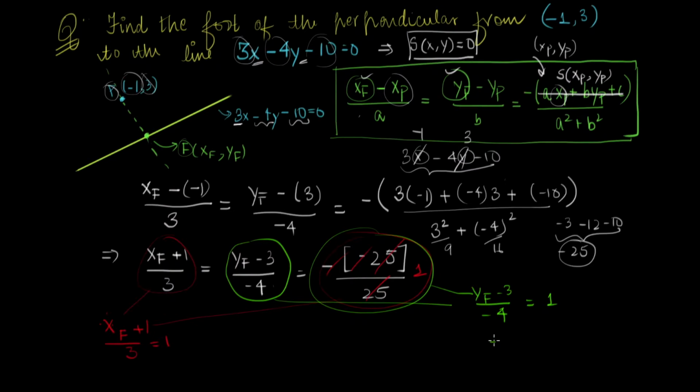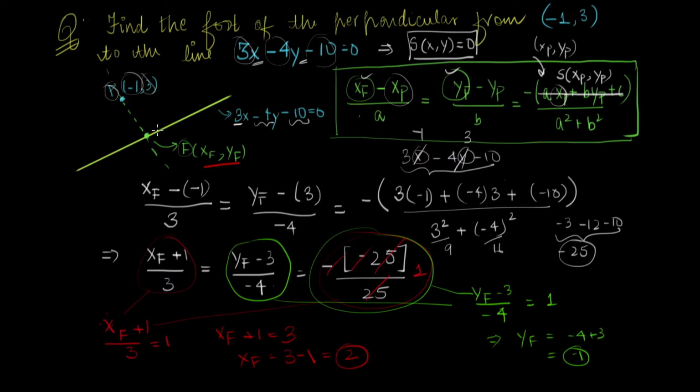Solving this yields y_f = -4 + 3, or -1. And solving for x, we get x_f + 1 = 3, or x_f = 3 - 1, or 2. Therefore, we have now found the values of x_f and y_f.